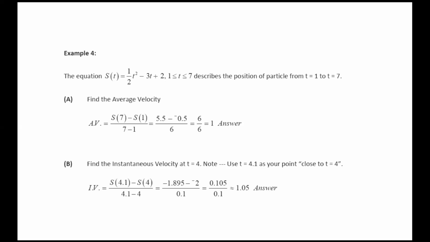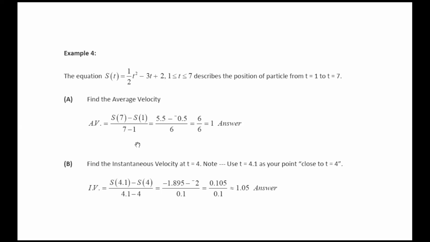In the second part, we want the instantaneous velocity when t is 4, so our close point is going to be 4.1. The setup is the same, s of 4.1 minus s of 4 over 4.1 minus 4. We put 4.1 into this function and do the arithmetic. We get this.